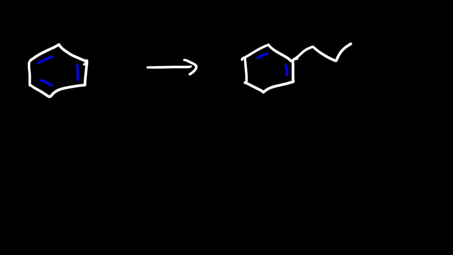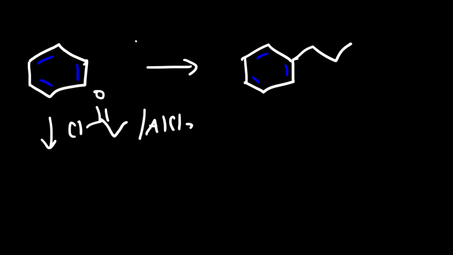What we need instead is to use the Friedel-Crafts acylation reaction. So we need to use an acid chloride with aluminum chloride. So that's the first step. And what's going to happen is we're going to replace a hydrogen atom with an acyl group. And so we're going to get a ketone.